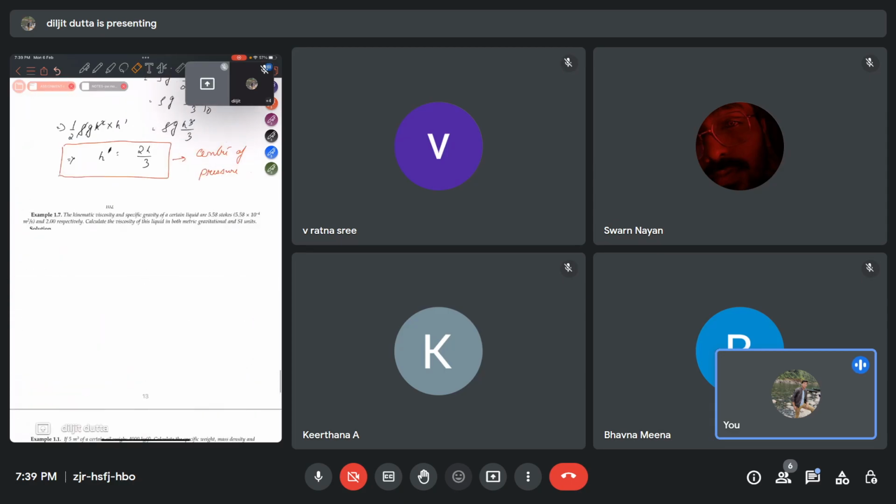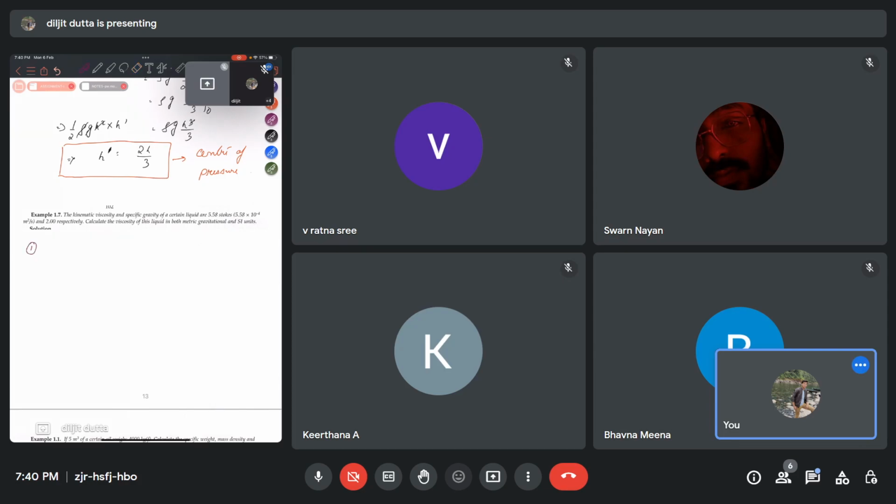This is a question from Modi and Sheth. The kinematic viscosity and specific gravity of a certain liquid are 5.58 Stokes and 2 respectively. Calculate the viscosity of the liquid in both metric gravitational and SI units. So let's solve this question.